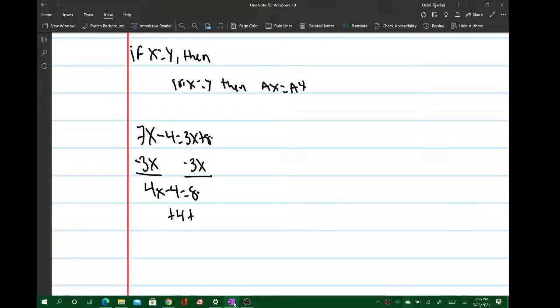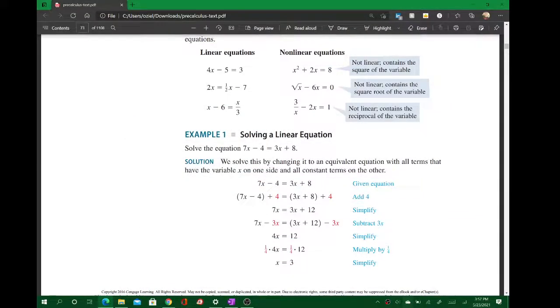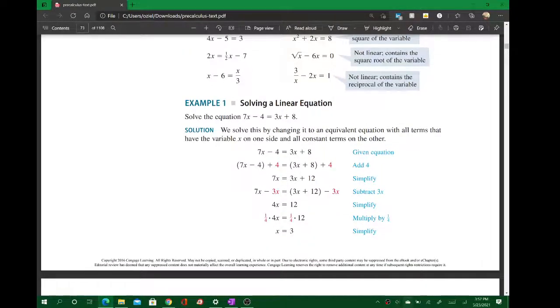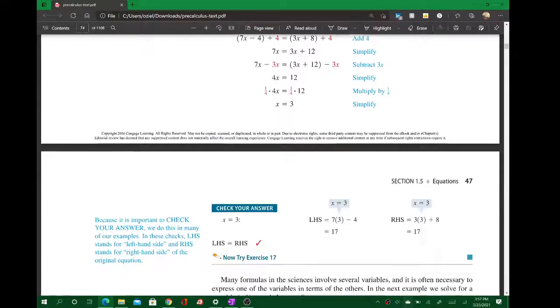Then you add 4 to both sides and get 4x equals 12. Then you divide by 4 on both sides and get x equals 3. That's very simple, and this is exactly what they're doing. It's a little different than how I did it, but at the end they got x equals 3, right?